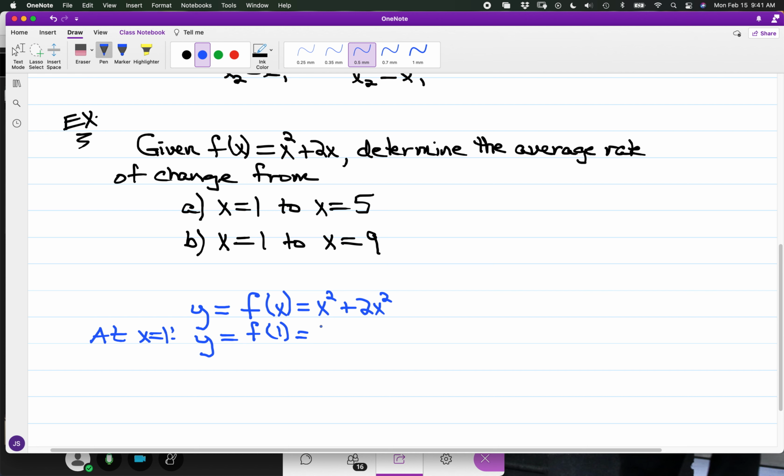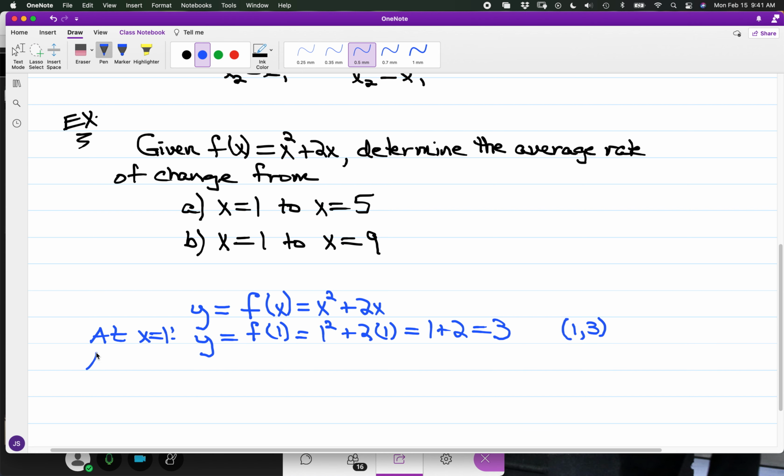So we're looking at 1 squared plus 2 times 1. 1 squared is 1, 2 times 1 is 2, and 1 plus 2 is 3. So the point we have here, when x is 1, your y value is 3.